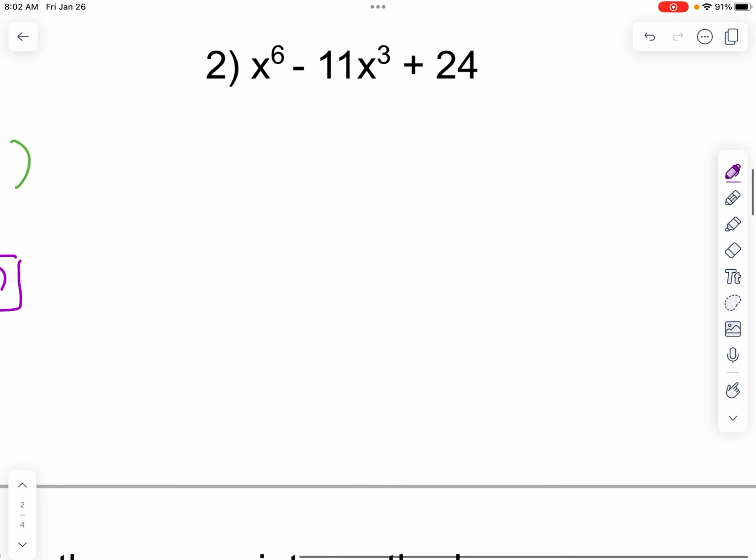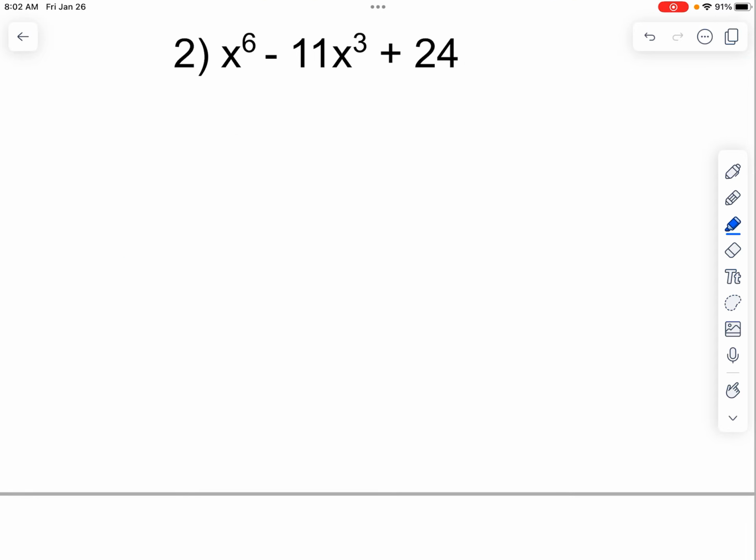Now, for example 2 here, again, I can do the big X method because 6 is even, and 3 is half of 6. So we can set up our big X here. 24 is on top and negative 11 on the bottom.